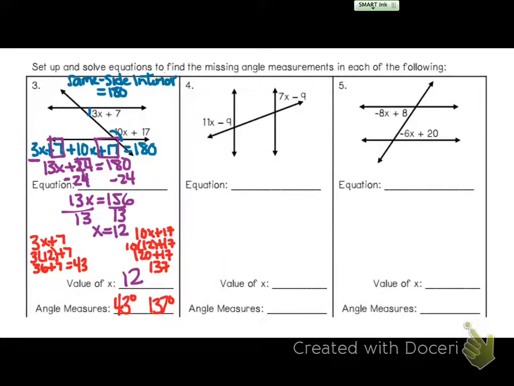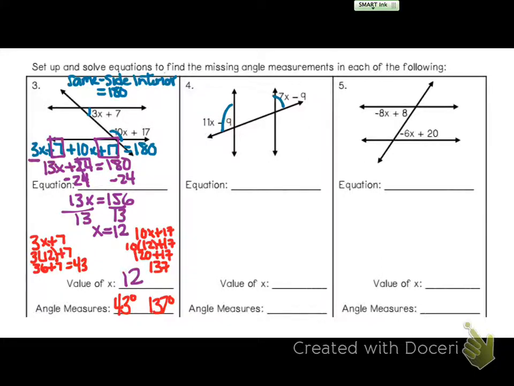So I have 11x minus 9 and 7x minus 9. What kind of angles are those? Same side exterior. These are not really angle pairs that we discussed.